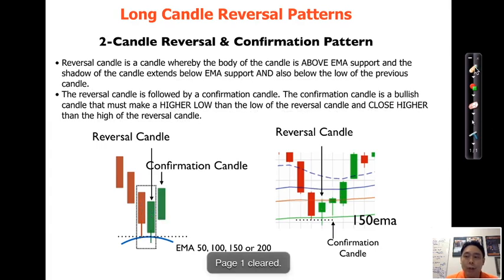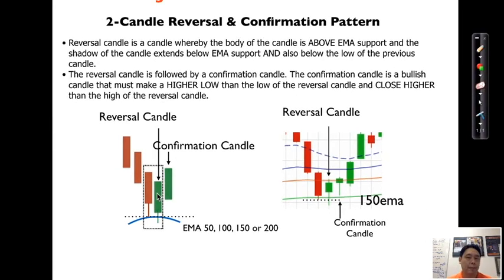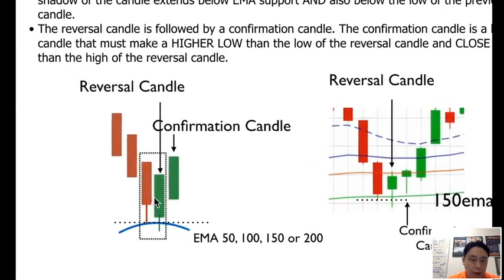Now, here are some common questions I get asked by students. The question would be things like, does the color of the candle matter? All right. Now, for these 2 candles, the color doesn't matter. What matters more is the specific pattern. So in other words, this could be a bearish candle, this could be a bearish candle, this could be a bullish candle.